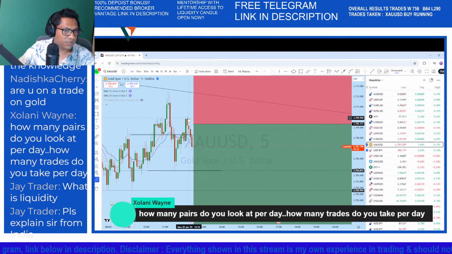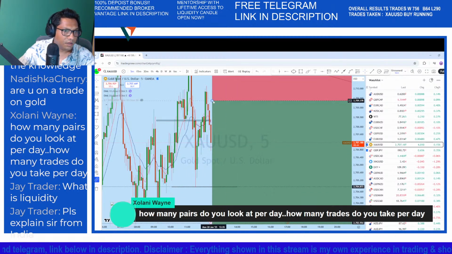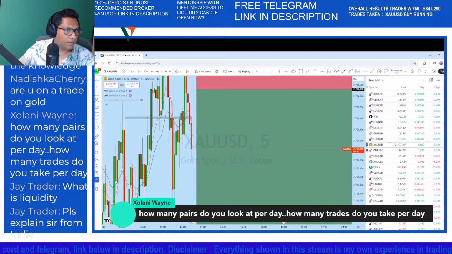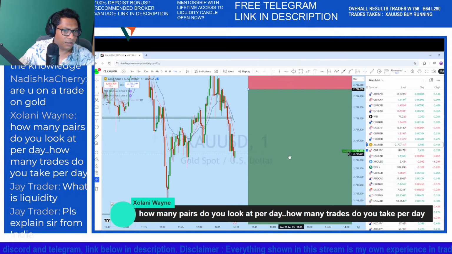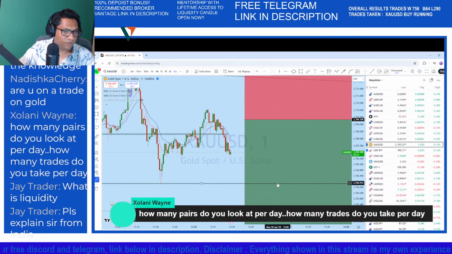Okay, so we can see the back-to-back 4 bearish candles in that area. And in those 4 bearish candles, a series of lower highs formed here.